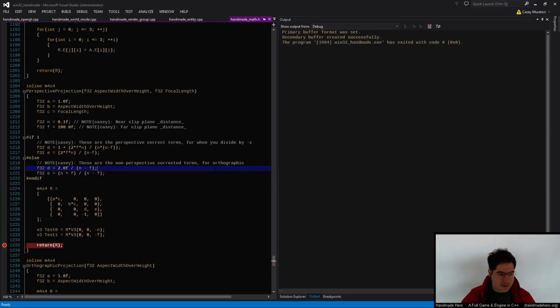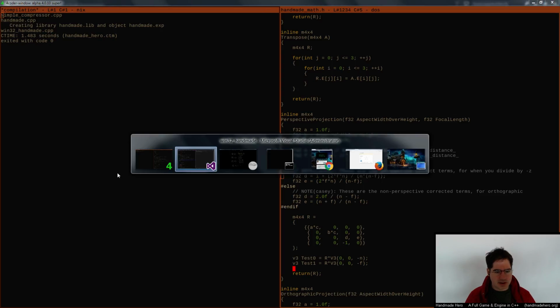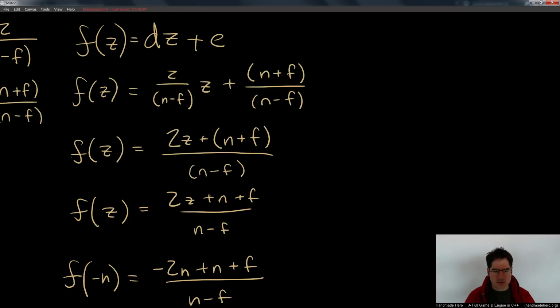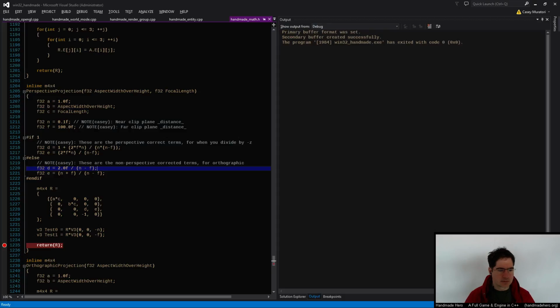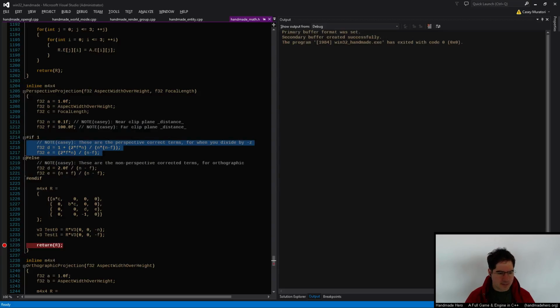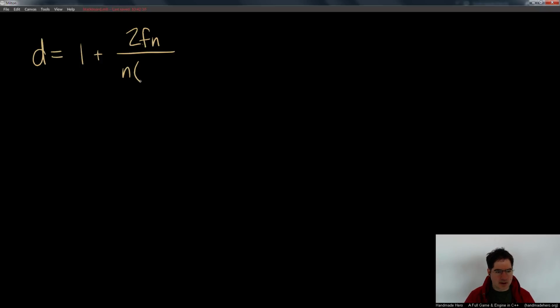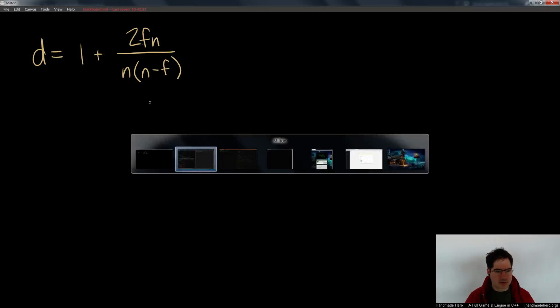What did I write down here? So in this case, we've got a D and an E. We're looking at the top branch. So in this case, our d value equals 1 plus 2fn over n minus f.